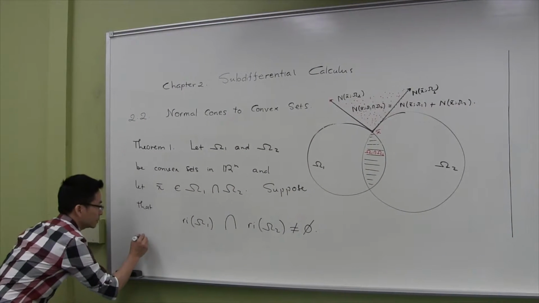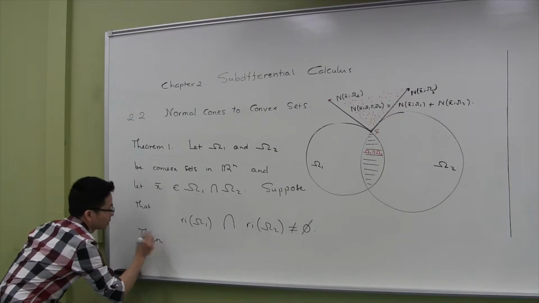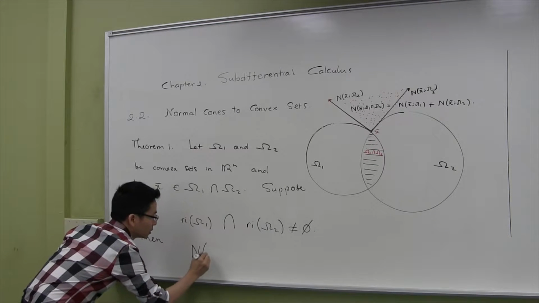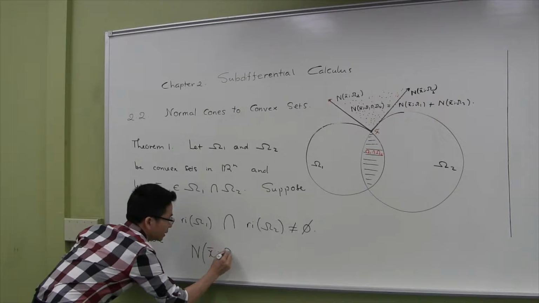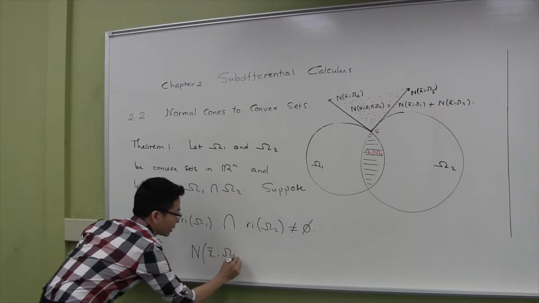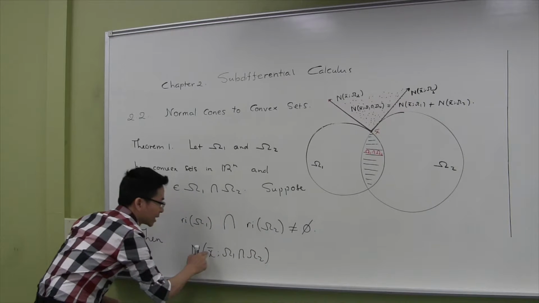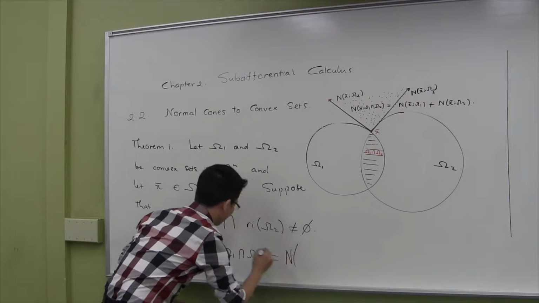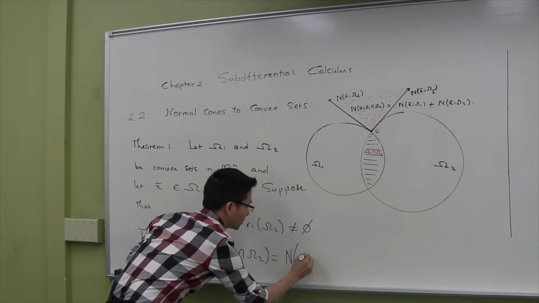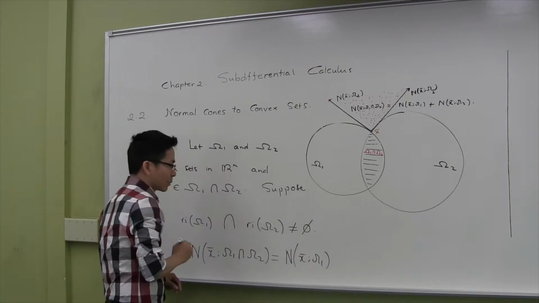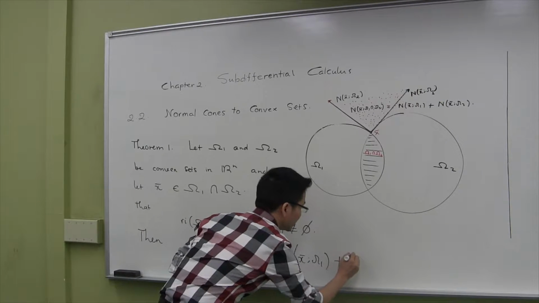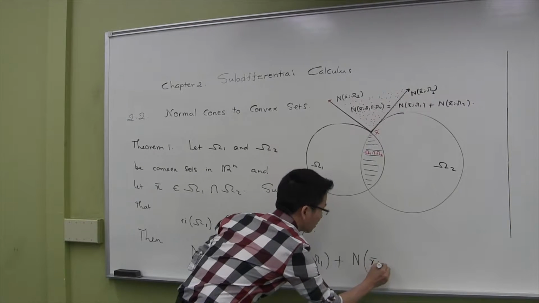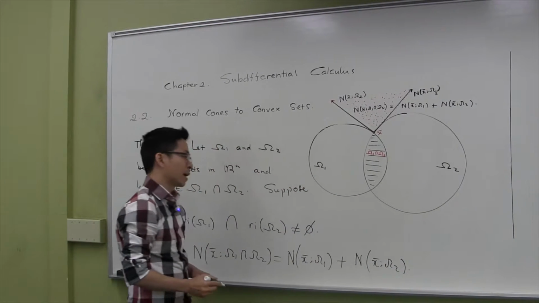Then the normal cone to the intersection of omega 1 and omega 2 at x bar is equal to the normal cone to the set omega 1 at x bar plus the normal cone to the set omega 2 at x bar.